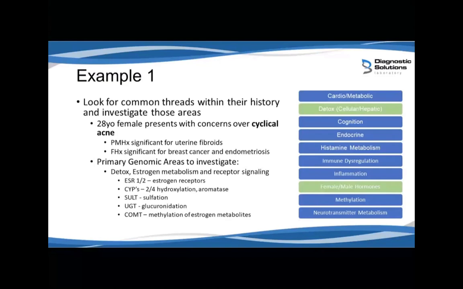But obviously, this person's coming to us over these cyclical acne issues and the uterine fibroids, and in the family history, we see the breast cancer and endometriosis, which immediately points us more into this hormonal cascade. So while there are surely important areas in all of these different categories, we want to make sure that we're doing the client a good service and not taking them down the rabbit hole of all these different pathways, when really what they came to us with was this acne chief complaint.